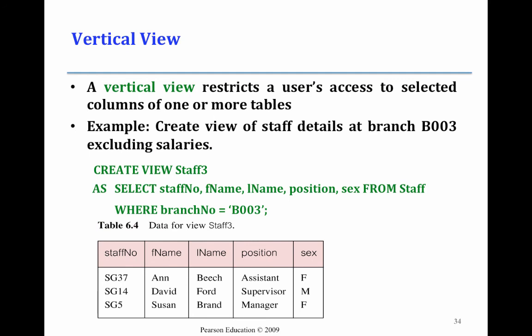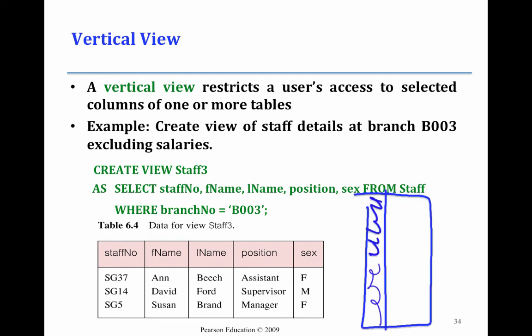And then a vertical view is where you see all the tuples, but you only see a subset of the columns. That's called vertical because it's like a vertical slice from the relation. So do I have a picture? No, I don't. So with vertical views, you might only see this column and maybe this column. So that's a vertical slice.